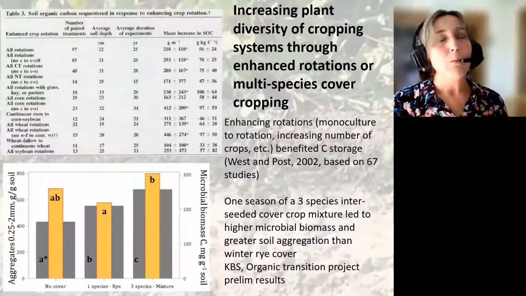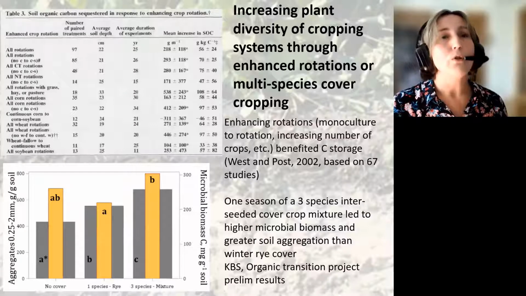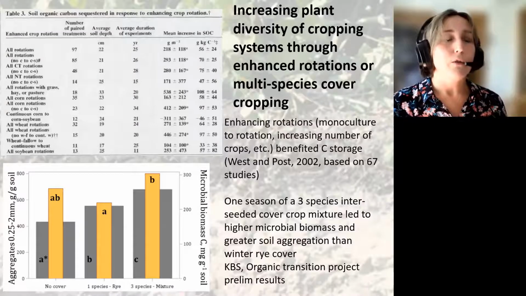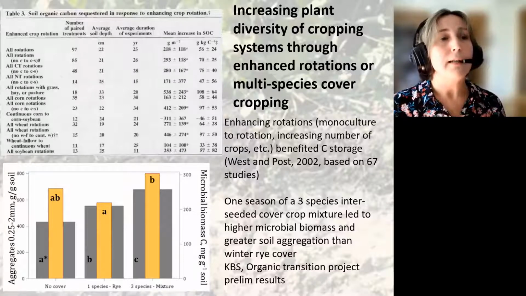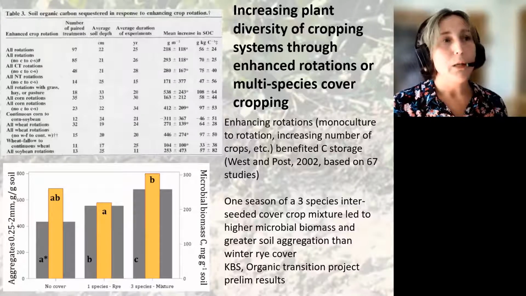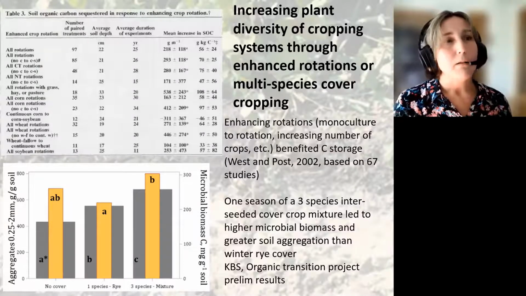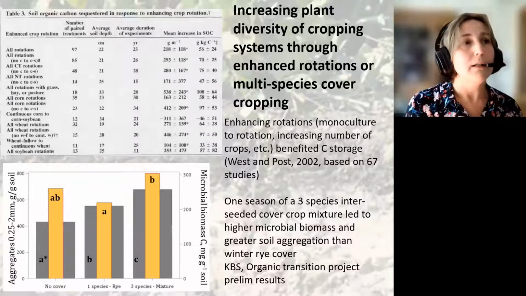So, increasing plant diversity in cropping systems, either through enhancing rotations or through cover cropping. And again, not just a single cover crop, but increasing the number of species in the cover cropping systems and maybe using cover crop mixtures is probably a good way to further enhance soil carbon gains.